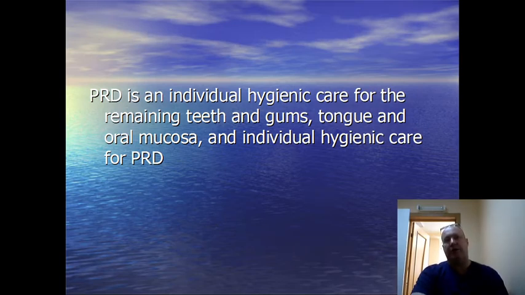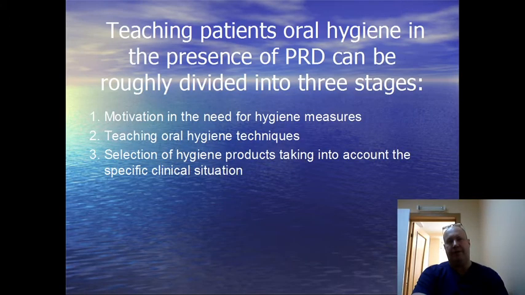Partial removable dentures require individual hygienic care for the remaining teeth and gums, tongue, and oral mucosa, and individual hygienic care for the partial removable denture. Teaching patients oral hygiene in the presence of a partial removable denture can be roughly divided into three stages.